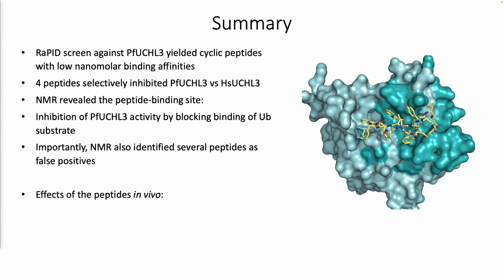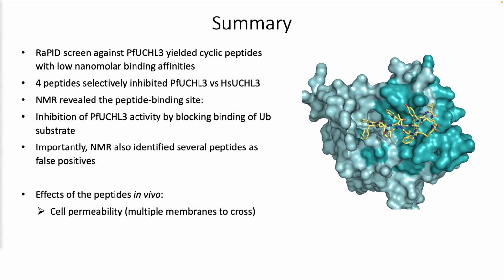So going forward, as I said, we had hoped to do some more screens to incorporate numerous other unnatural amino acids to make the peptides shorter. And this would help us to get these peptides into cells, and then we'd be able to test their effects in vivo. This is quite a challenge.